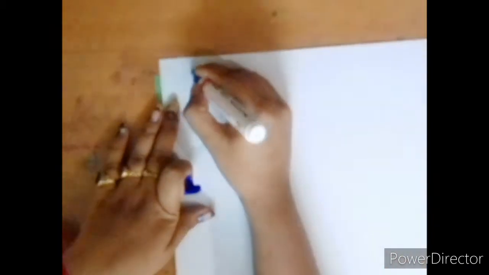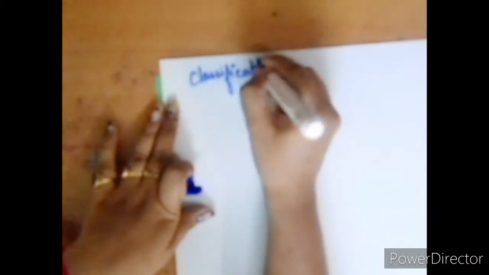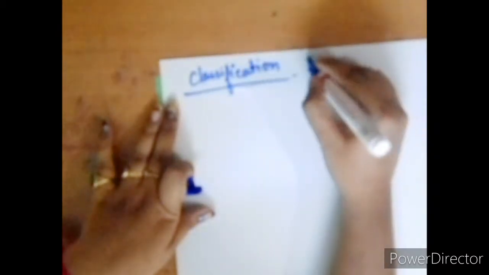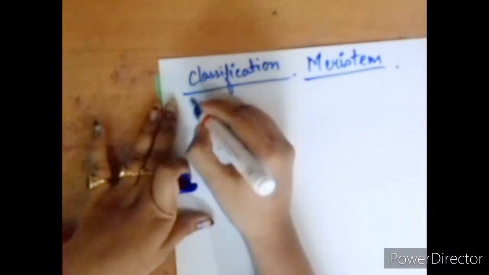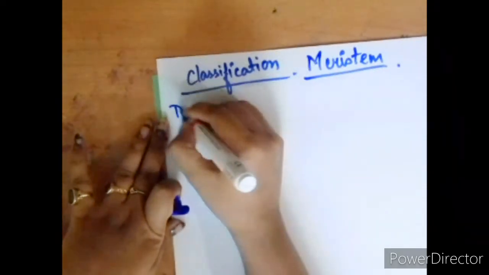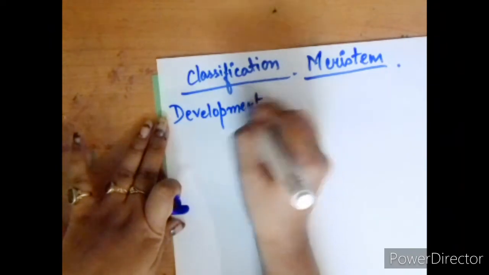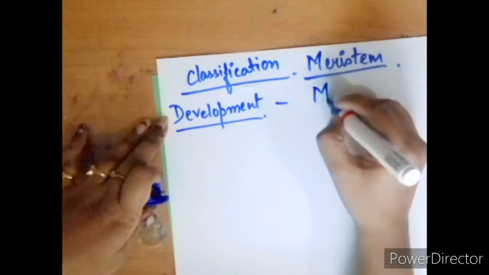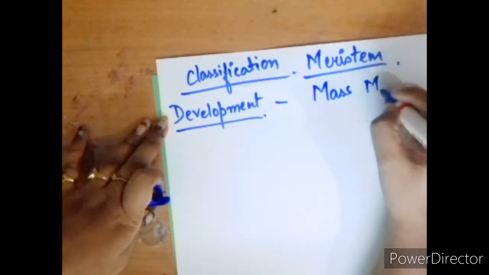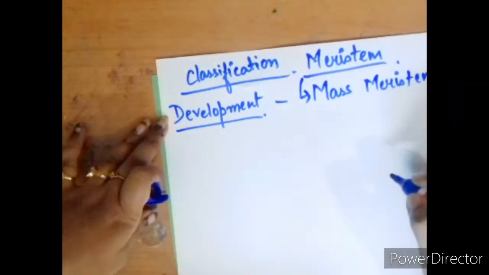If I consider the stages of development, there are three types of meristematic tissues, or meristems. The first one is the mass meristem.